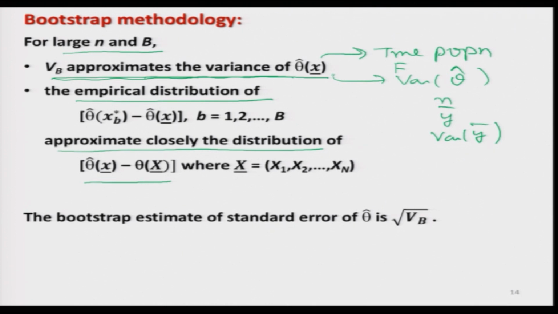This means, suppose you knew the true population, then you would find these values theta hat x minus theta x, because everything is known to you, and then you would find the distribution of this quantity. But this is not known to us, the theta population value is unknown to us, so we cannot compute it.